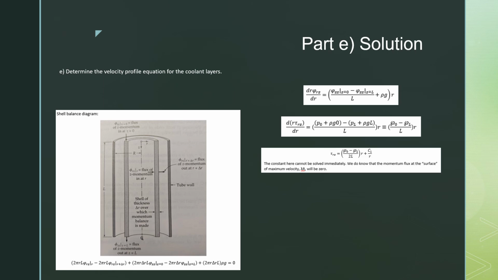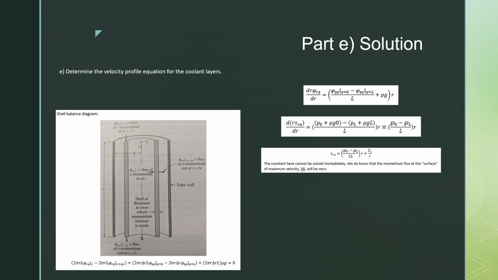So one thing they'll notice after they integrate that initial equation is that they'll have a constant which they have no way of determining at this time. So what they'll have to intuitively know is that at some point in the flow field there'll be a hypothetical surface at which the velocity will be at its maximum, and the momentum flux will be 0.